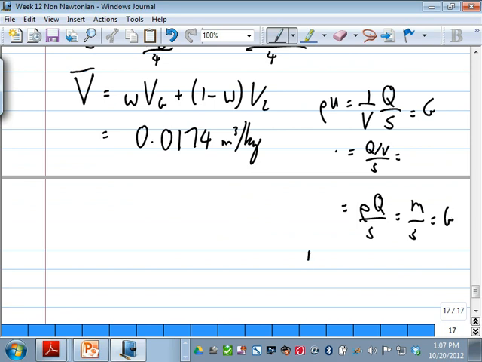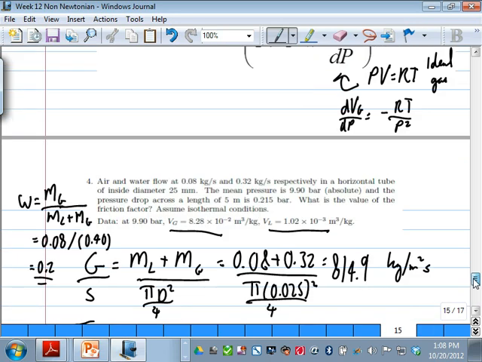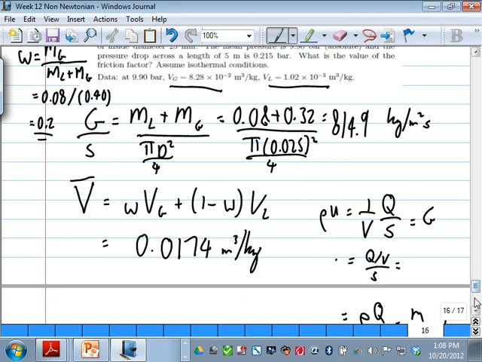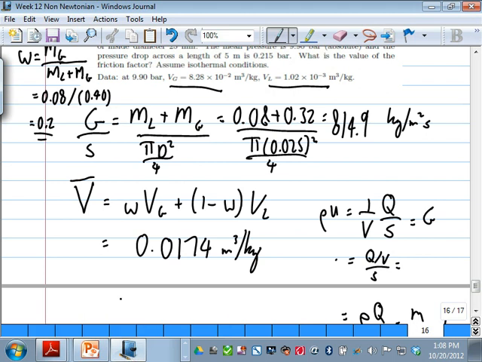So Reynolds number Re equals rho U D over mu. So for rho U we take G times diameter over mu. This mu, because we are assuming liquid only, we take that of liquid. So what is G that we found? This is G, isn't it?